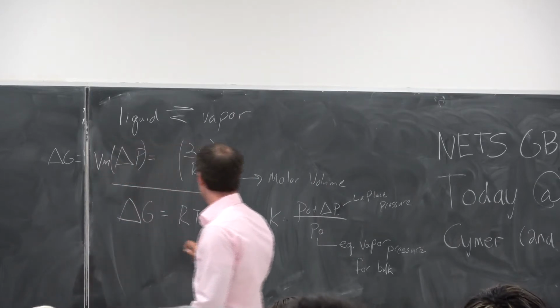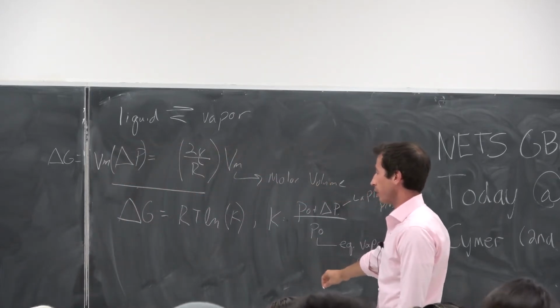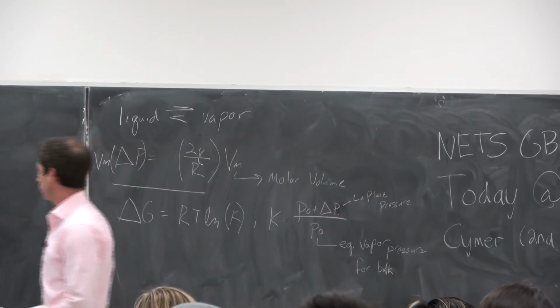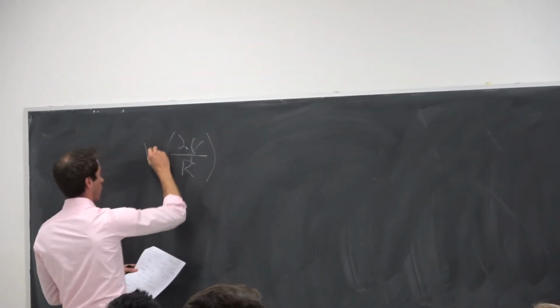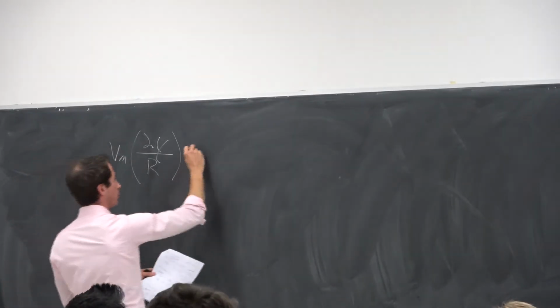So we now have two different expressions for delta G. And what this is saying is that we can set the energy from the liquid and the vapor equal to each other. Okay, so Vm.